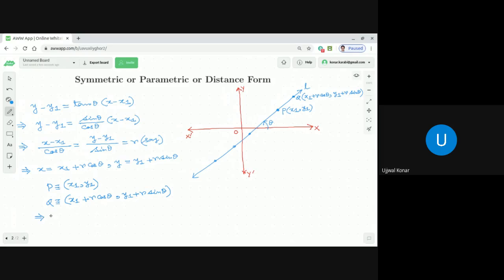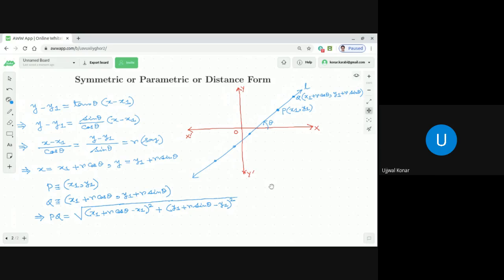So what is PQ? PQ is equal to square root of the difference of their x coordinates squared, so x1 plus r cos theta minus x1 whole square, plus y1 plus r sin theta minus y1 whole square.